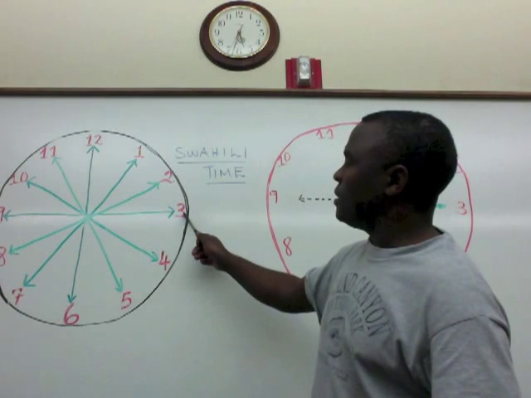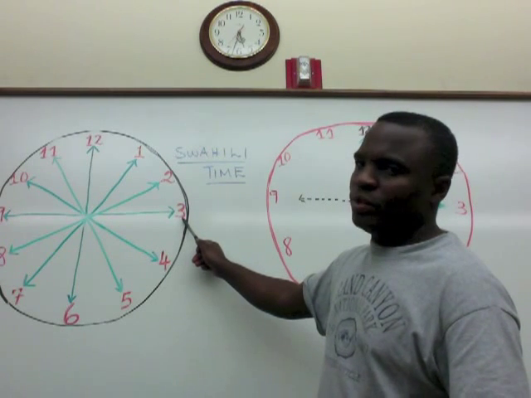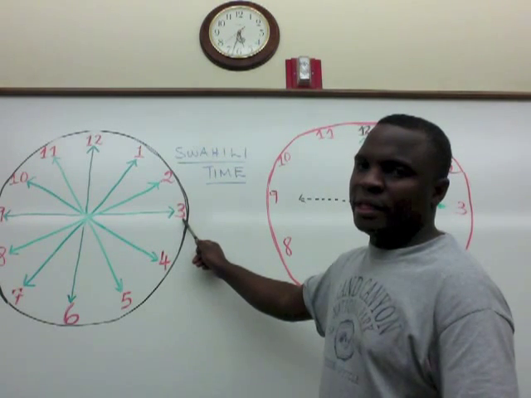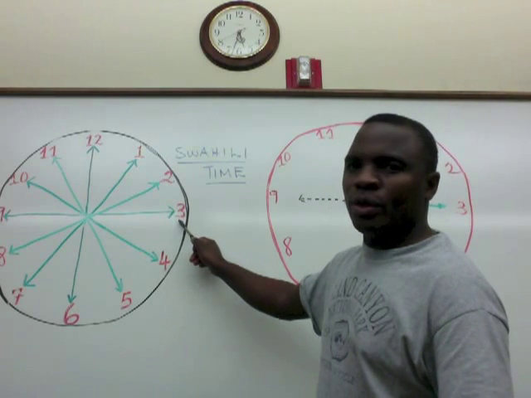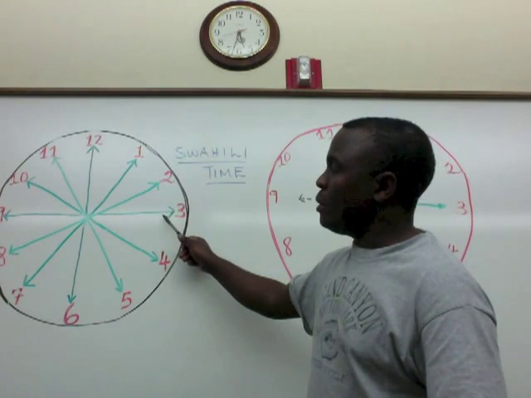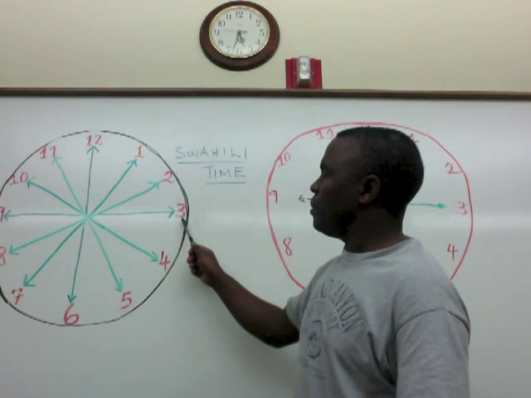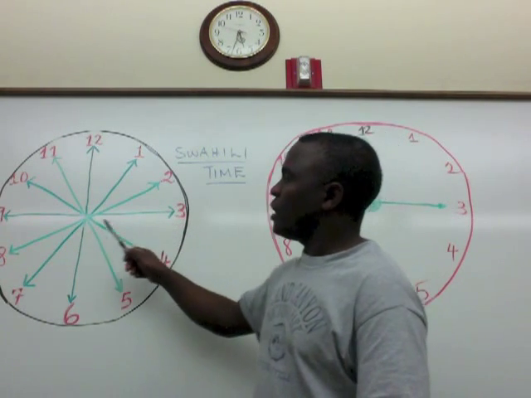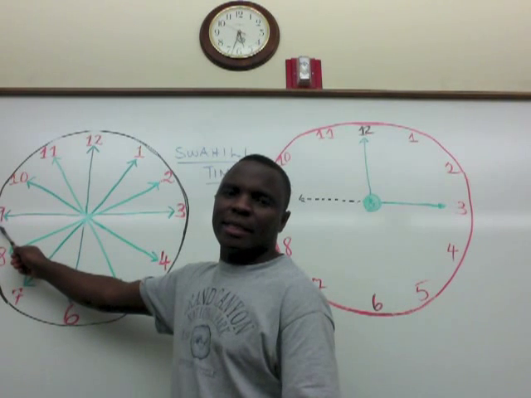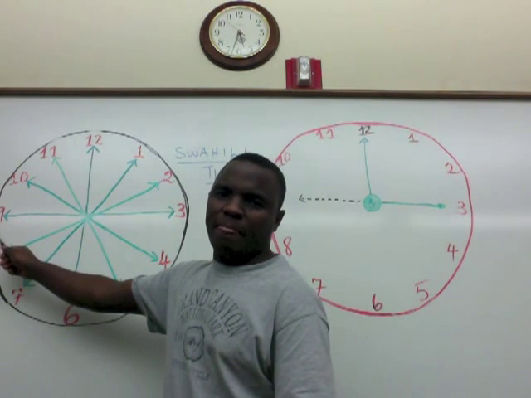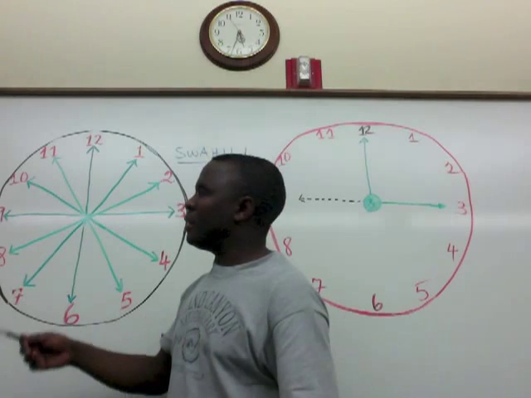For example, it's 3 p.m. In Swahili, you can't say anything related to the Swahili number we know, tatu. You're going to say the opposite, tisa. So it is 3 p.m., you're going to say ni saa tisa, mchana, afternoon.